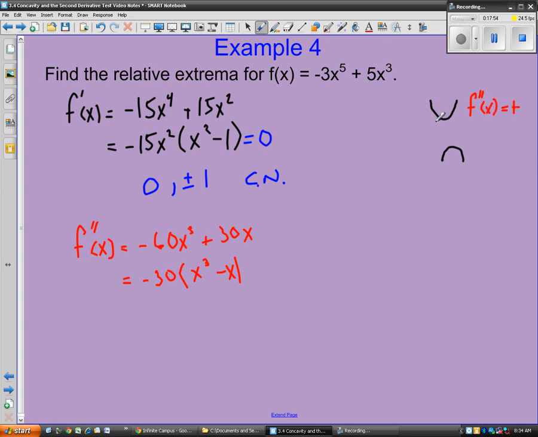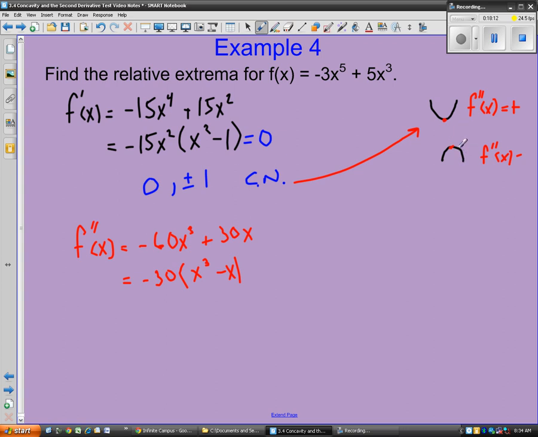If our second derivative comes out to be negative, then we're concave down, and we're plugging in the critical numbers, which are basically where the maximum and minimums could appear, and it'll tell us what we're dealing with.